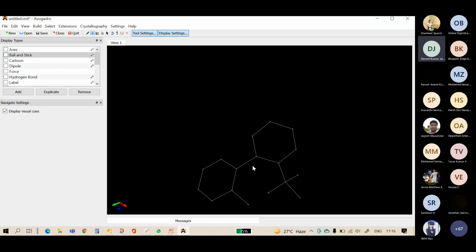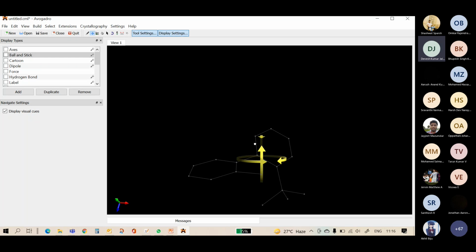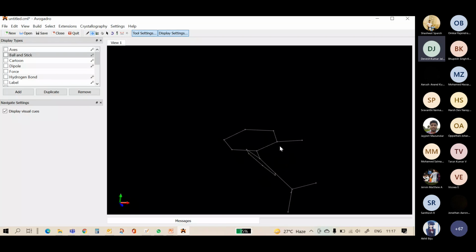Do you see that, guys? Yes, sir. The benzene planes are now different. They are not coplanar. Do you see that? This is happening so that this methyl group stays far away from the tertiary butyl group.